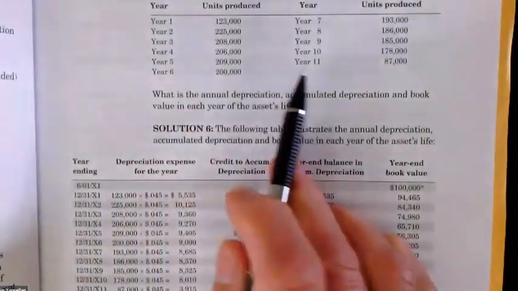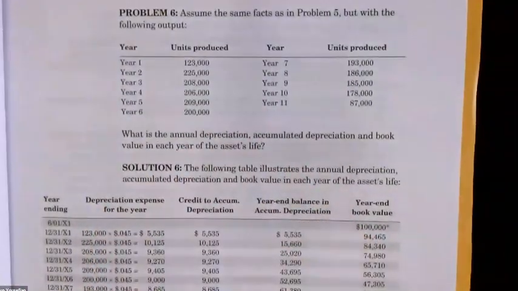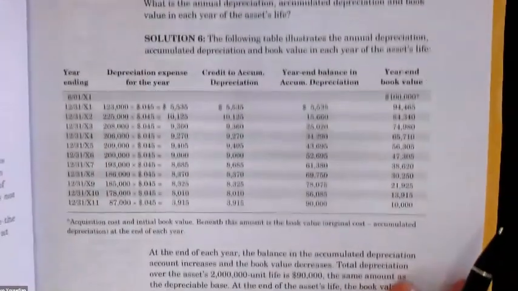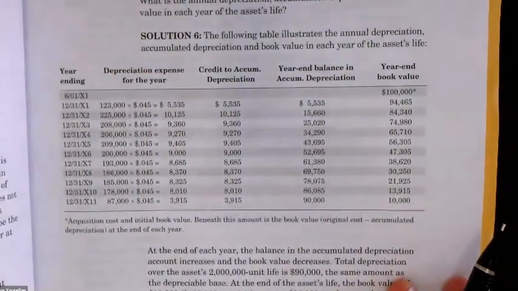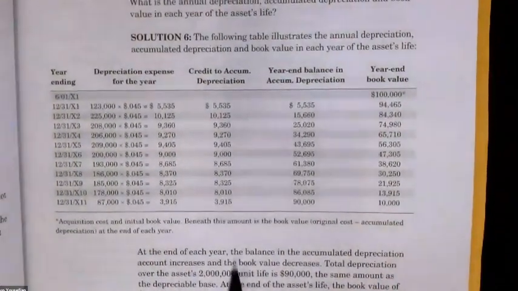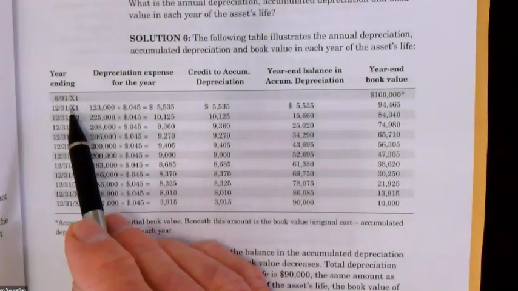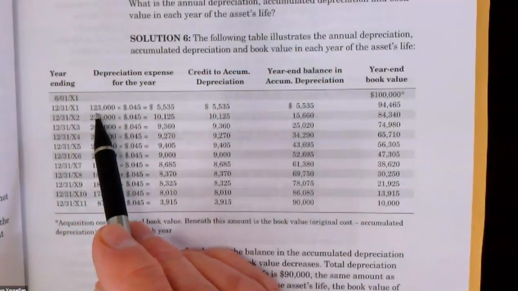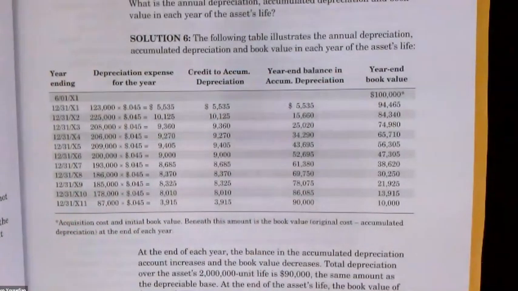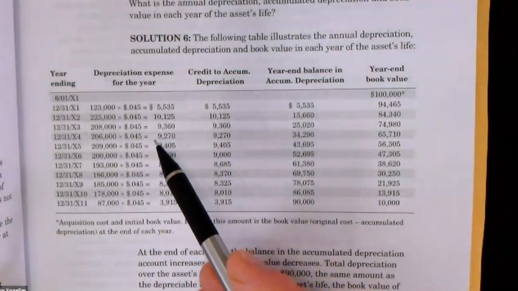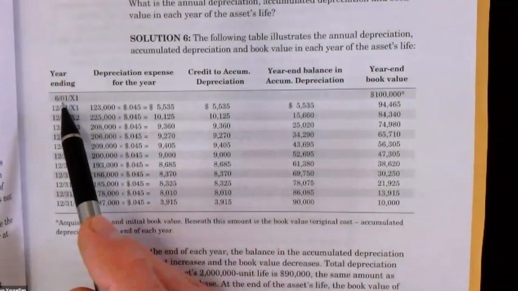And here it provides you all the production of year 1 through year 11. And here is the solution. So you have a schedule that every year you update. By the end of the first year, we produced 123,000 units in those 6 months. So you see, there is no specific issue in regards to when you bought it.